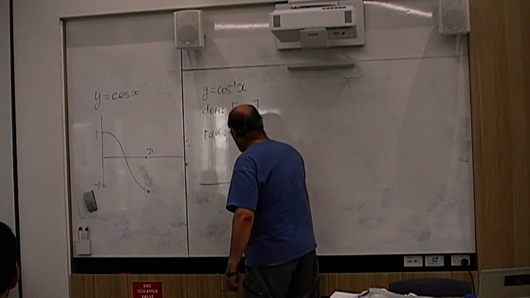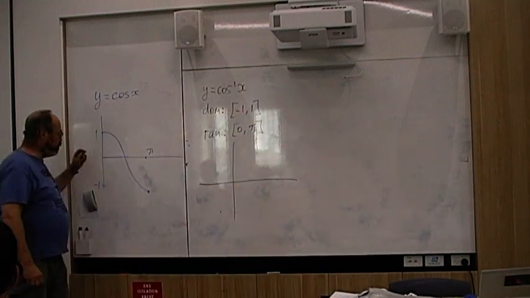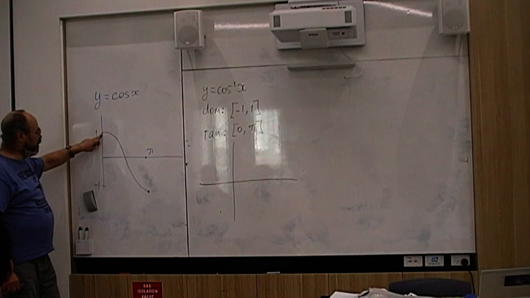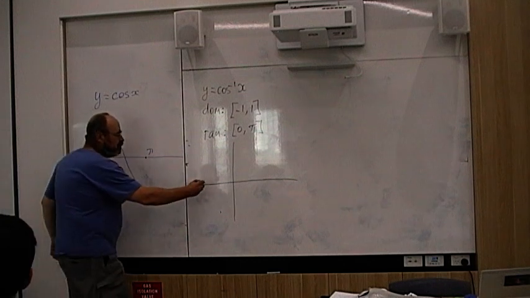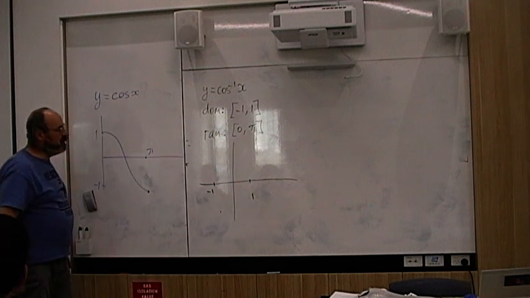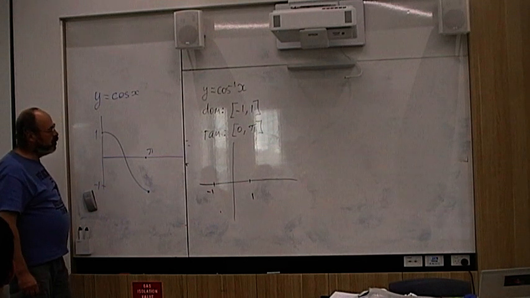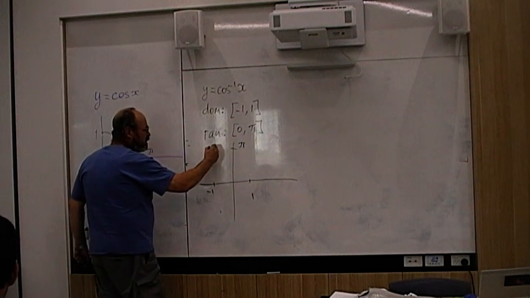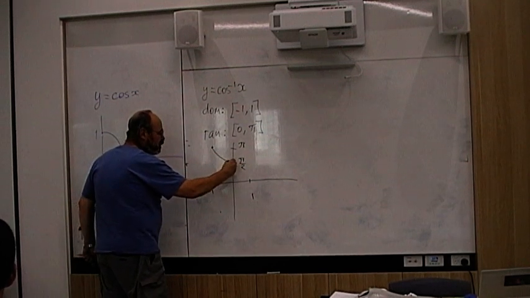And if you sketch the graph, when we have domain negative 1 to 1 and range 0 to pi, when it's pi, it's here, and pi on 2, and that's how it will look like.